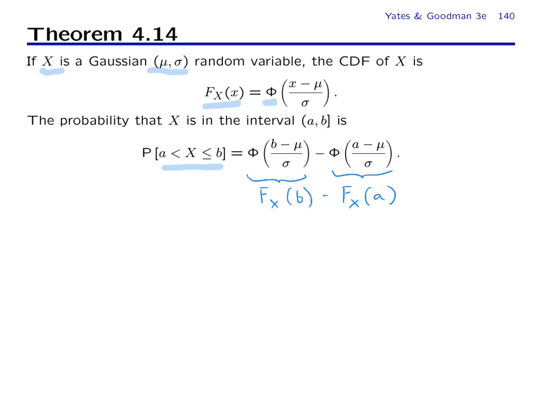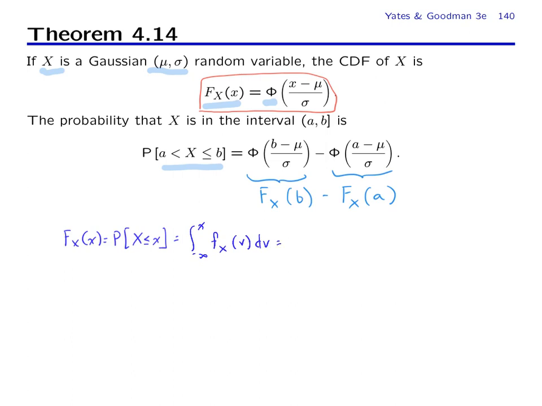The key thing is to understand how we got this result for the CDF. So for an arbitrary Gaussian random variable x, the CDF of x is the probability x is less than or equal to x, which equals the integral of the PDF of x using a dummy variable v from minus infinity to x.